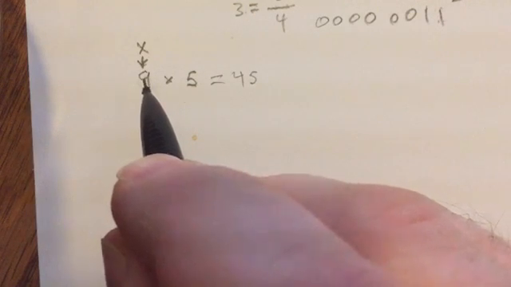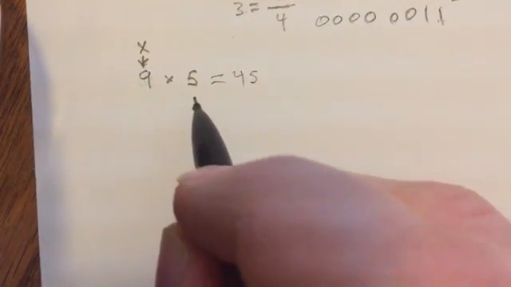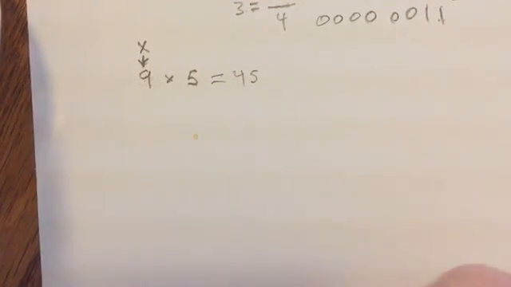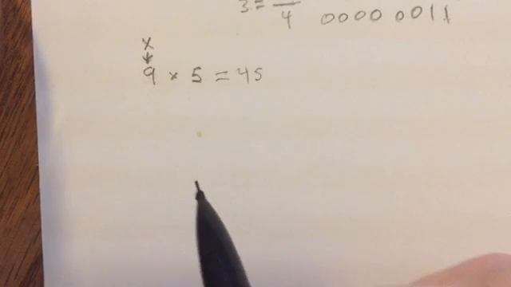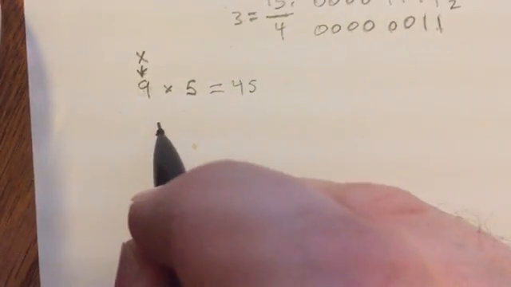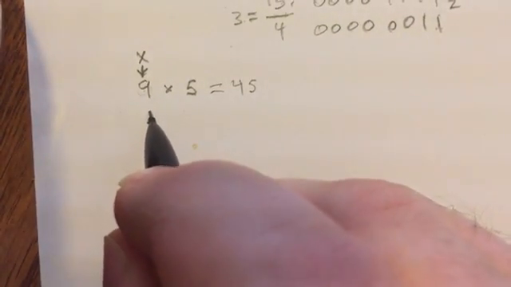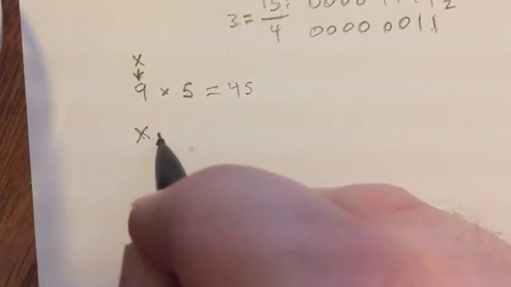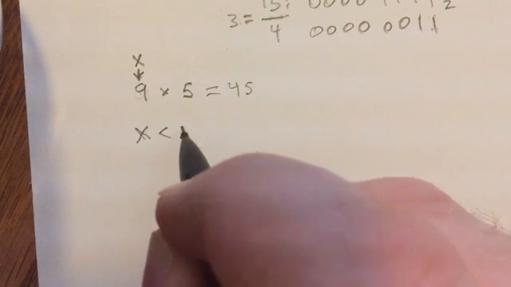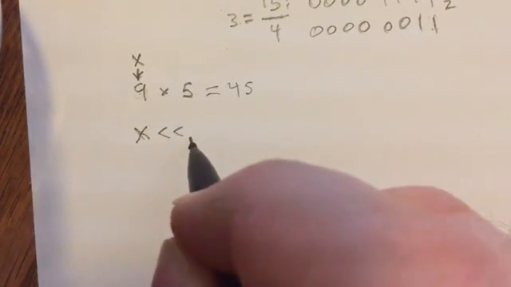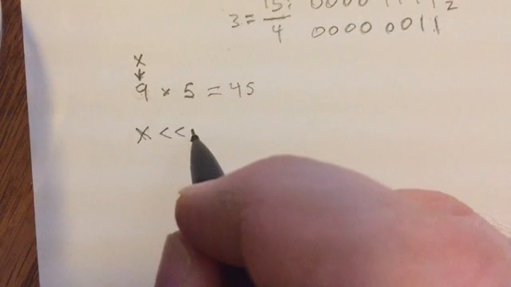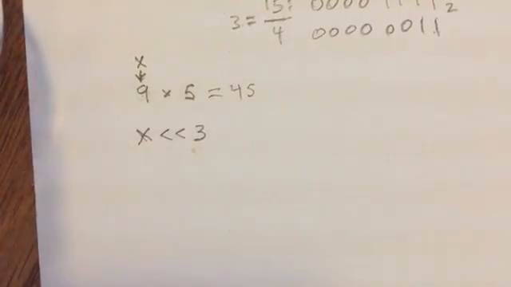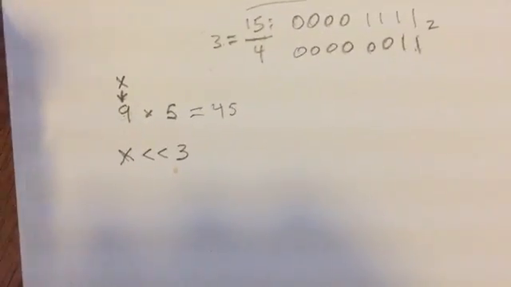What happens, though, is it's going to go through, in your MIPS console, a very long subroutine. We want something faster. So if we shifted this x 3 places, that would be the same as multiplying it.